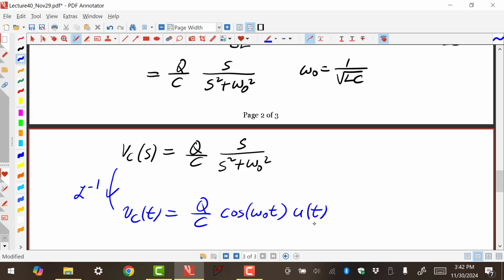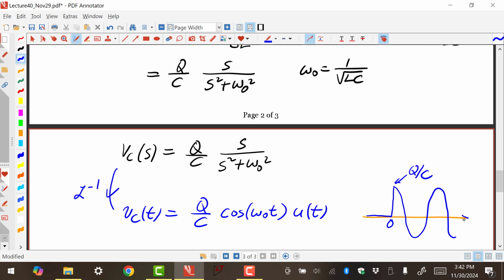You can tell that because this is a cosine, so it's going to jump, not straight up, but it does this. And this peak value here is Q over C, and of course minus Q over C on the bottom.